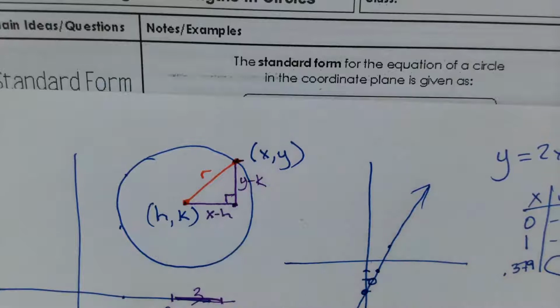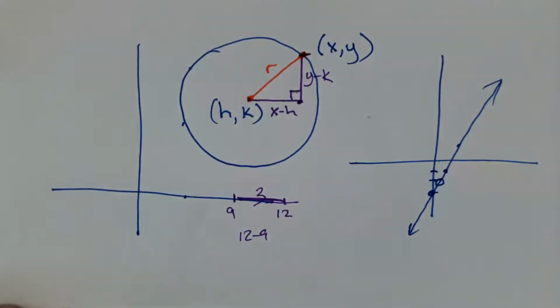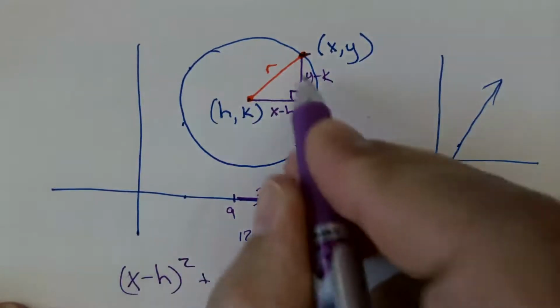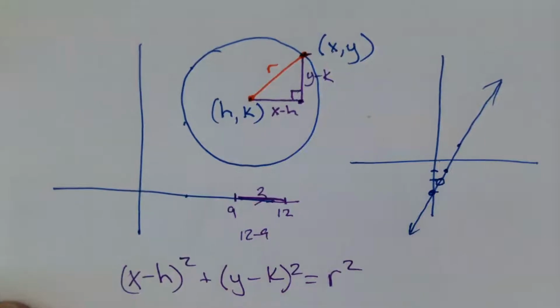So I'm just going to do the Pythagorean theorem. (x minus h) quantity squared plus (y minus k) quantity squared equals r squared. Believe it or not, that's our formula.